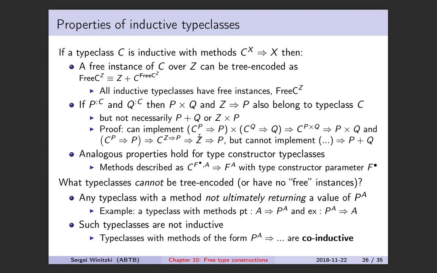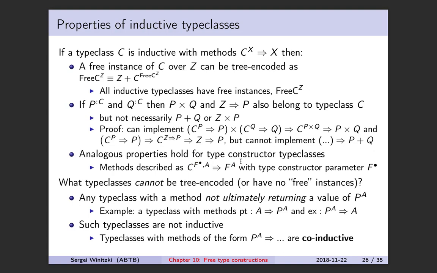So that is why, because they are inductive. All inductive type classes have this property. And type constructor type classes have the same property, just that the methods functor needs to be encoded like this.